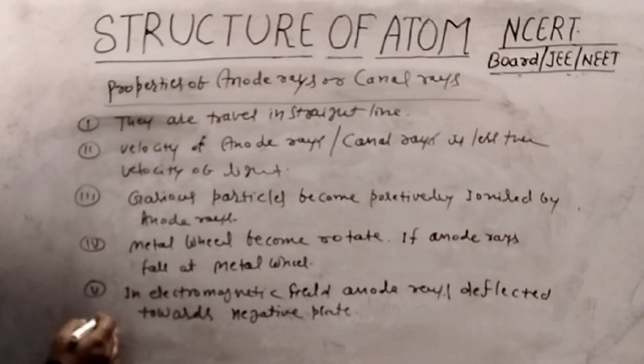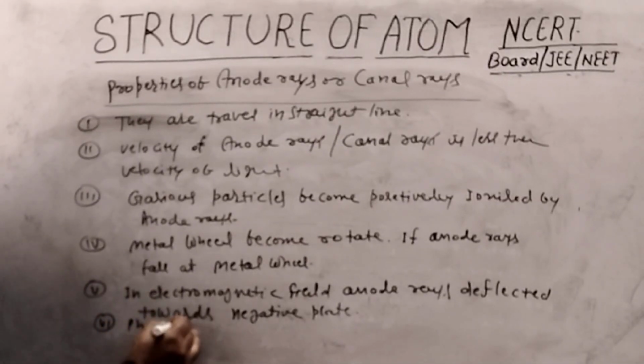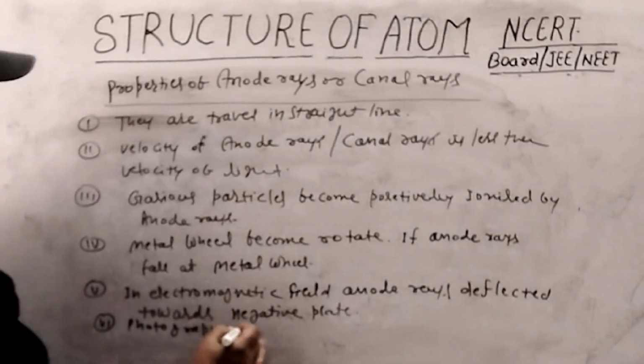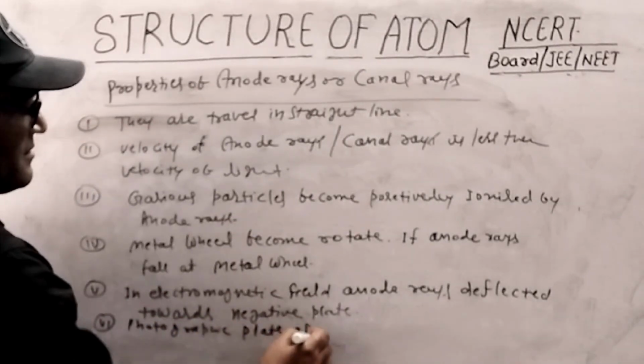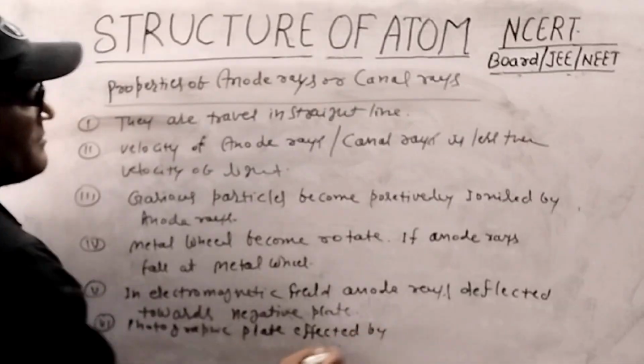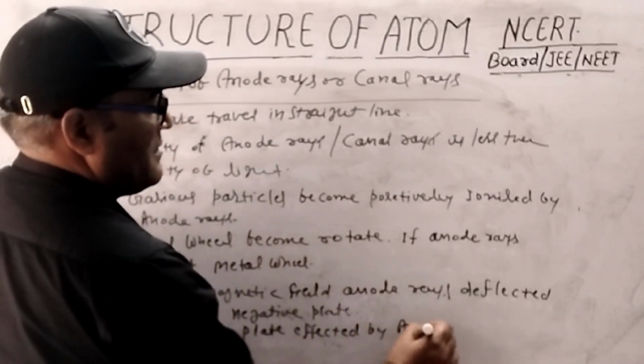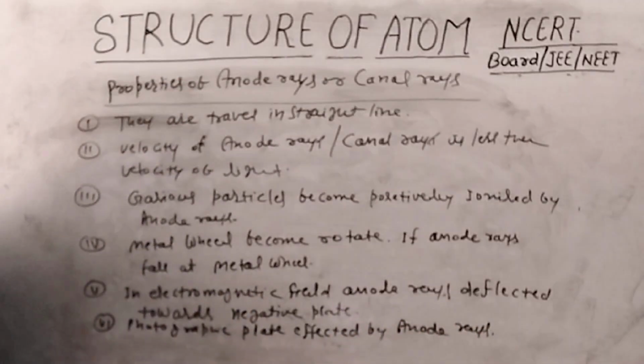Now the photographic plate is also affected. So in point 6 we can write here, photographic plate is affected by anode rays. So you can take a screenshot.